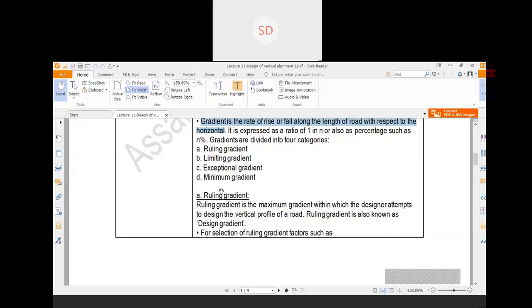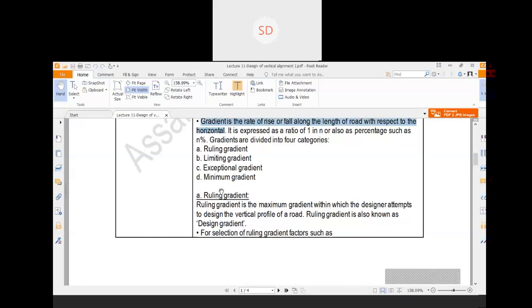Ruling gradient is the maximum gradient which a designer attempts to use when designing the vertical profile of the road. So, it is the maximum gradient you can allow as a designer. Whenever you go for vertical profiling of a road, you need to look up the ruling gradient from the code book.